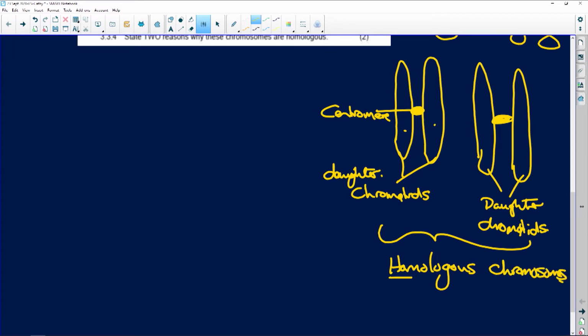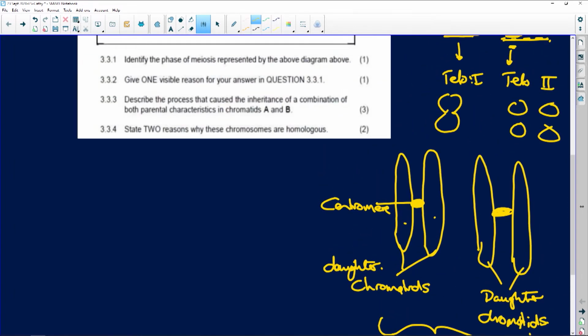Okay, now people, homo means the same. Logos means position, location. So it's the same position. They are chromosomes that are going to carry the same allele. So here, maybe that's the allele for eye color. Then we're going to have an allele for eye color on this side.